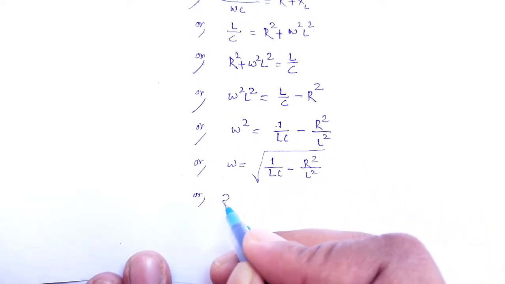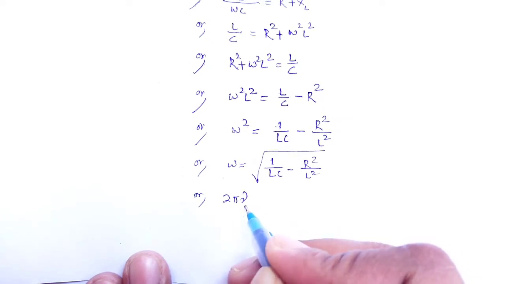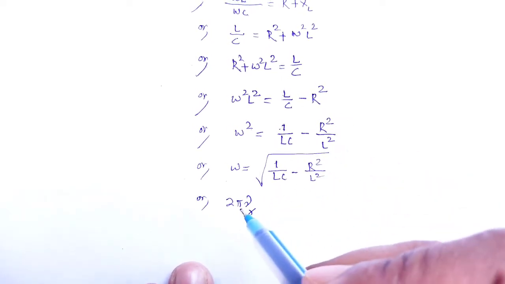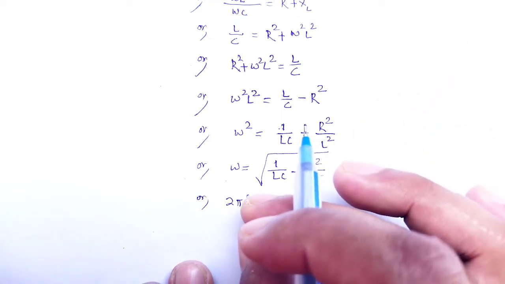Omega is equal to 2 pi nu R, as the frequency is known as the resonant frequency.